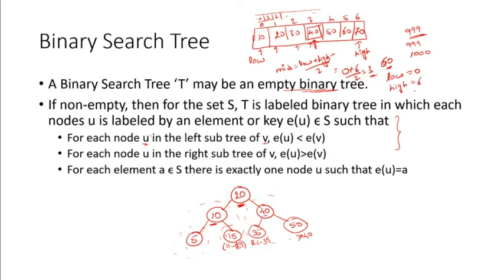When I found that 60 is greater than 40, I update my low value. Low value will be mid plus 1. You already compared your value with mid, and you are very sure that mid is definitely not the key element you are trying to search for. So what is the mid value? 3. So 3 plus 1 will be 4.